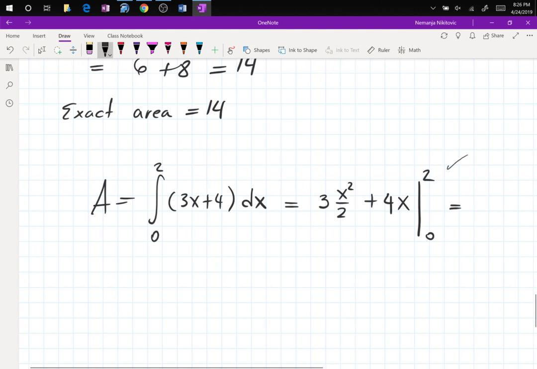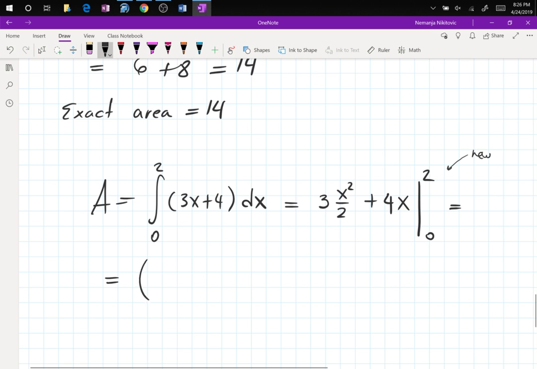That's new. You don't have plus c now. You have a vertical line because you have to compute at these limits. So now, the way we compute is we plug in the upper number, and then minus, we plug in the lower number.